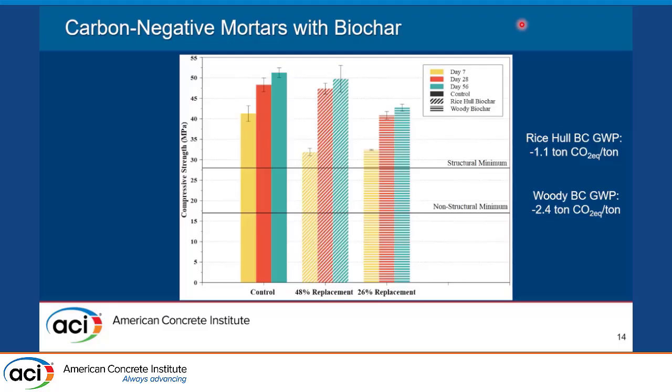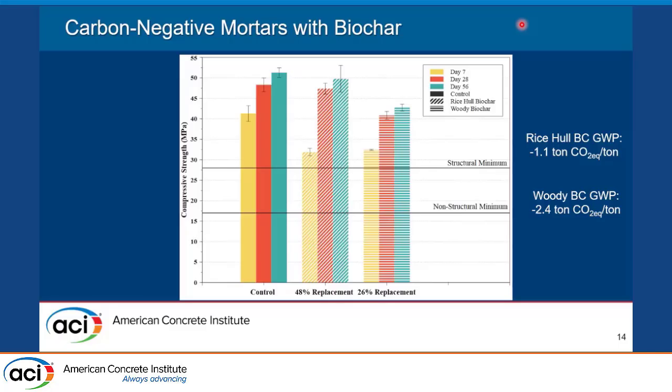If we replace enough cement to make the entire mortar carbon negative, there are going to be different replacements based on the different carbon contents for each of the biochars. But we can see that we get comparable strength improvement by replacing 48% of the cement with a rice hull biochar that's been milled after 56 days of curing.